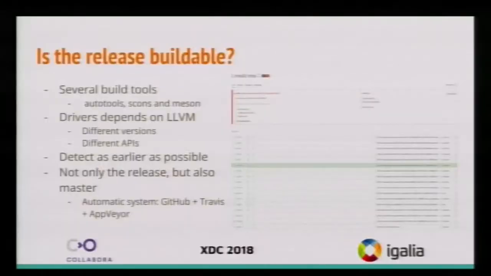Every time we push a patch on master, a hook pushes it to GitHub, and GitHub triggers a build in Travis that builds different combinations of build systems and LLVM, and also an AppVeyor build for the Windows system.